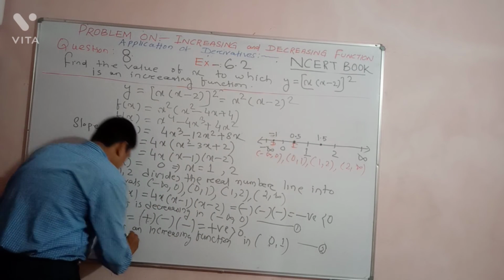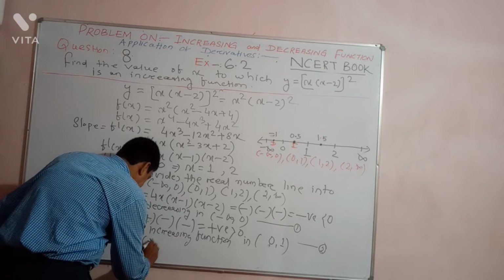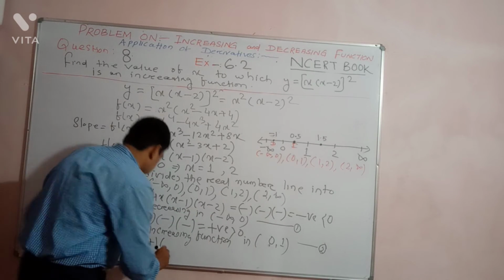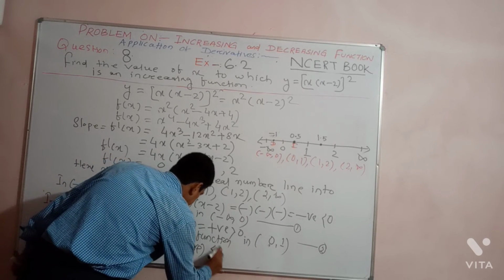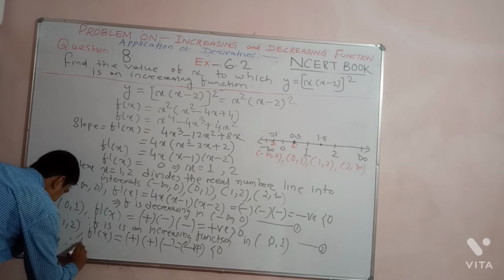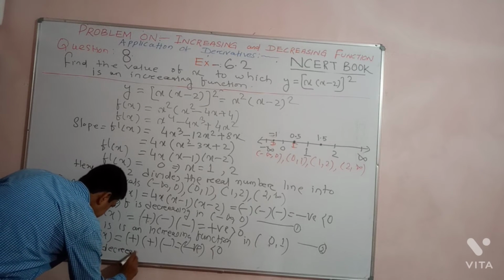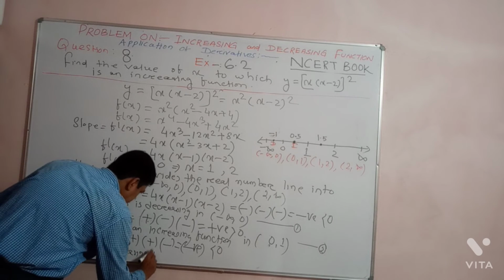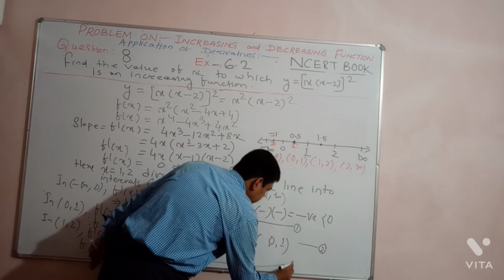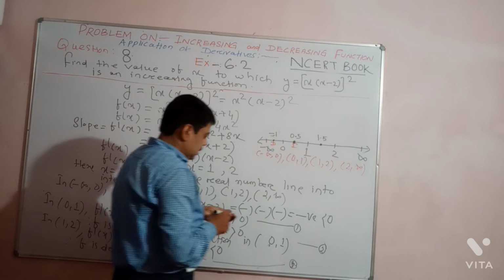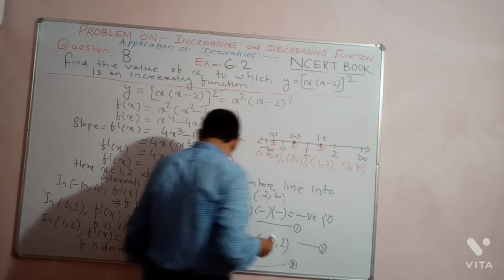Then x is positive, 1.5 minus 1 is positive, and 1.5 minus 2 is negative. The value is negative, less than 0. Hence f is decreasing in the interval 1 to 2. This is the third point we got.